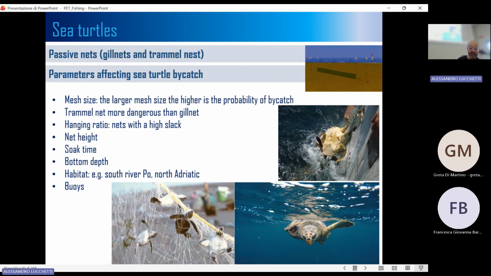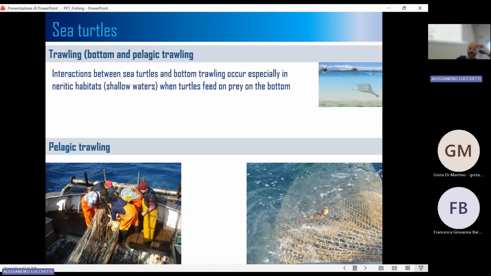But the opposite, I mean, the use of large meshes is deadly for most protected species. The famous problem with the swordfish nets, the spadara nets that I told you before. That's why, Linda, I told you to collect also this information about the mesh size, because it's really important.